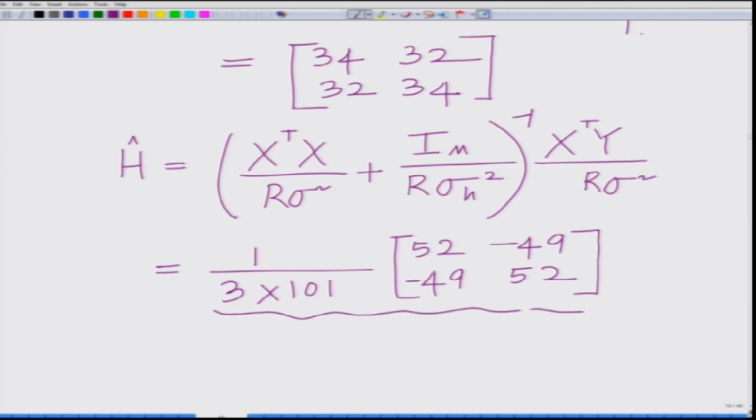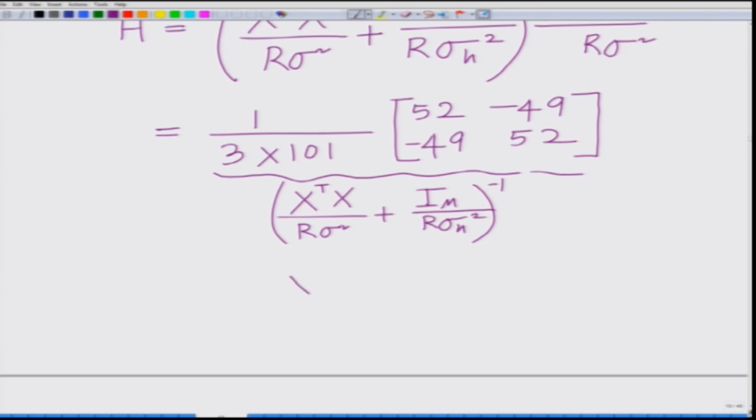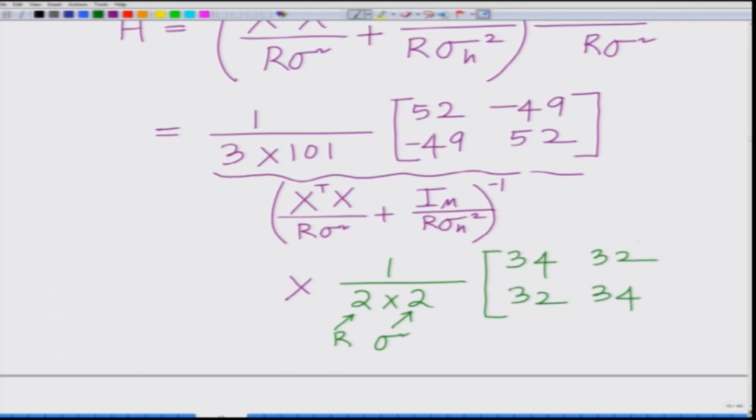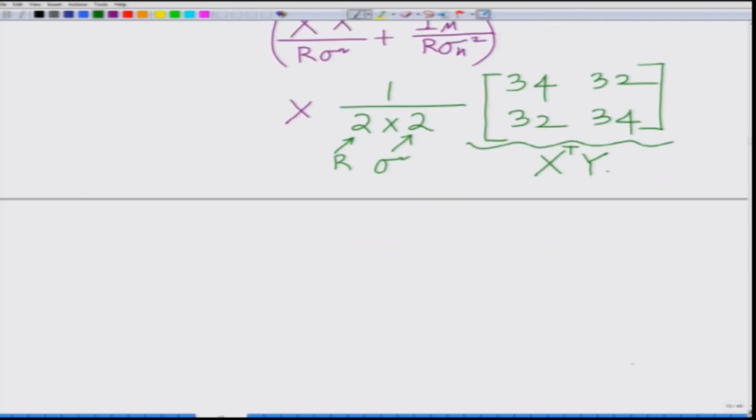This is your matrix x transpose x divided by r sigma square plus I_m divided by r sigma h square, inverse, times the other part, which is 1 over r sigma square, where r is 2 and sigma square is 2, which corresponds to 3 dB, times x transpose y, which is 34, 32, 32, 34.